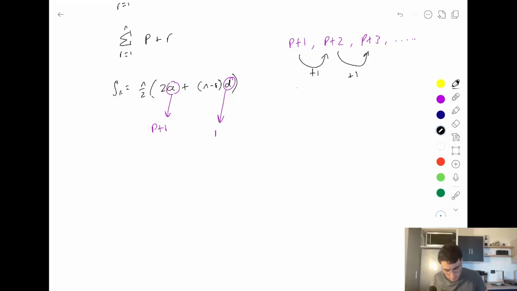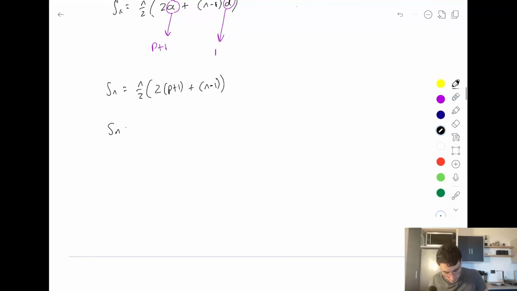So therefore, our sum is n over 2 times (2(p plus 1) plus (n minus 1)). All we have to do now, guys, is simplify. 2p plus 2 plus n minus 1 gives n over 2 times (2p plus n plus 1).